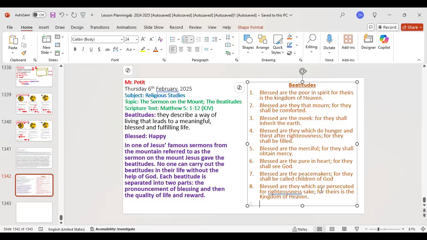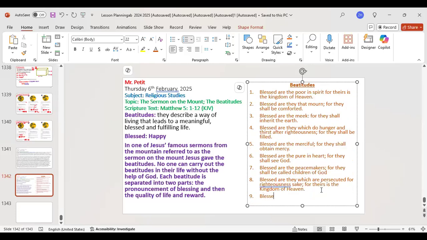And then finally, the 9th beatitude. Blessed are ye. Blessed are ye when men shall revile you and persecute you.